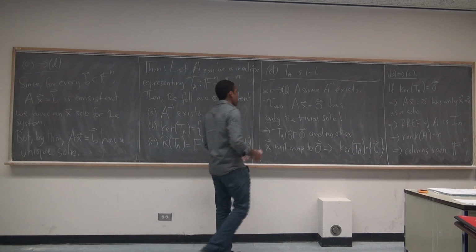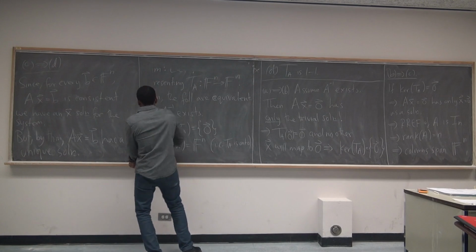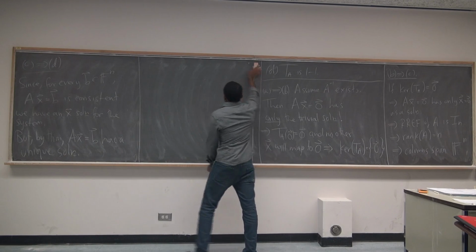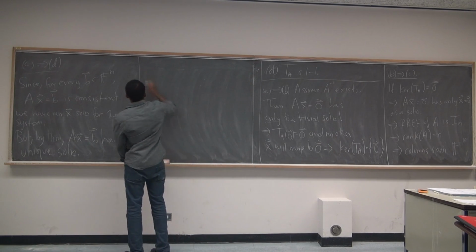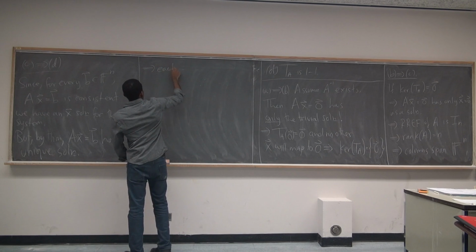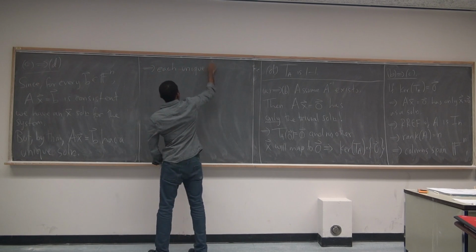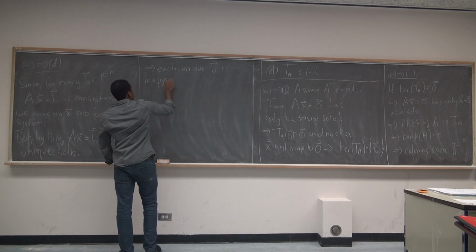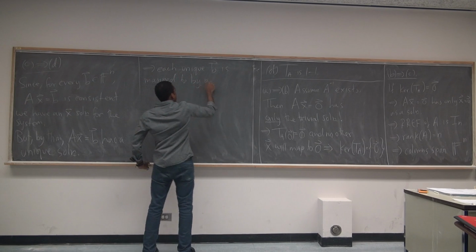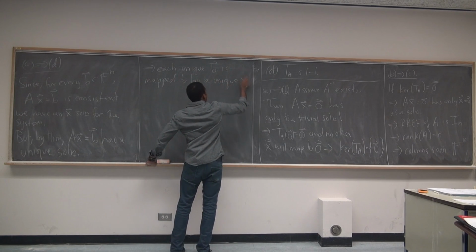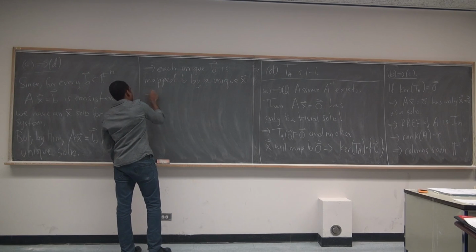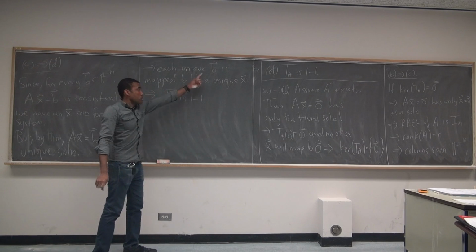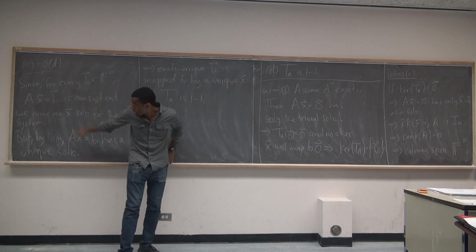Well, each unique output came from a unique input. So if the outputs are the same, the inputs would have to be the same because the solution to this is unique.